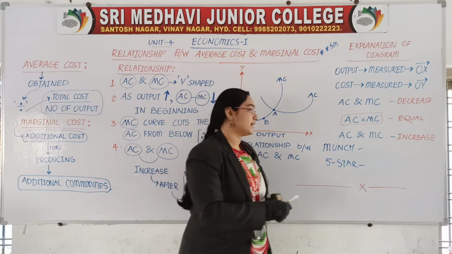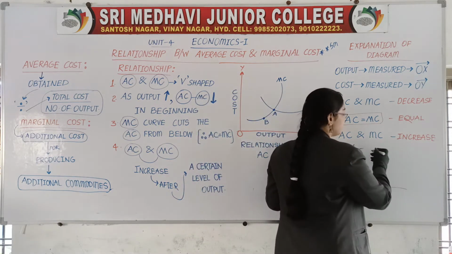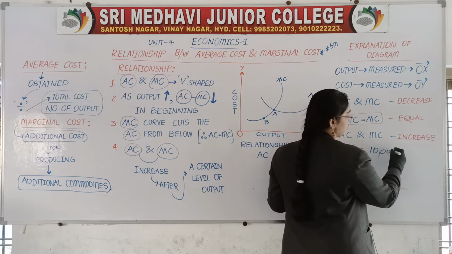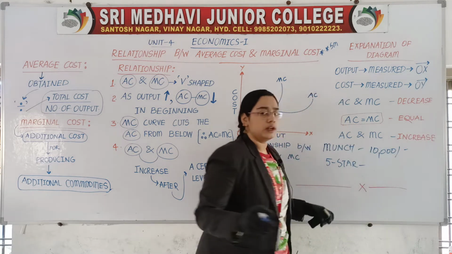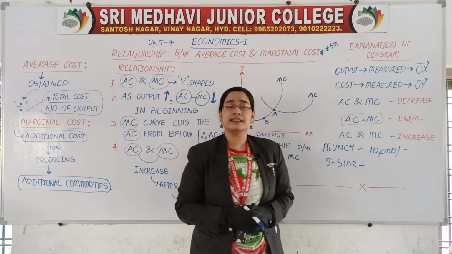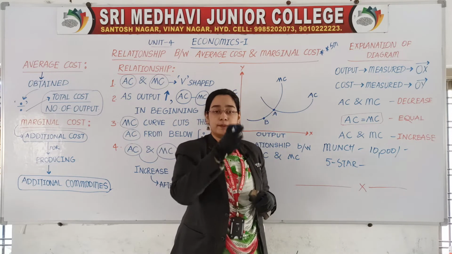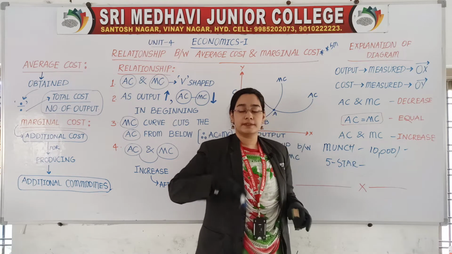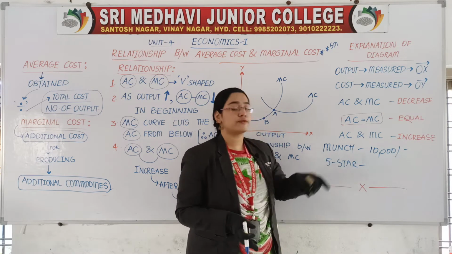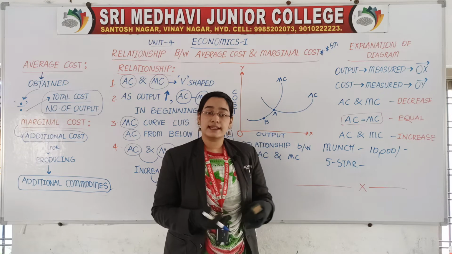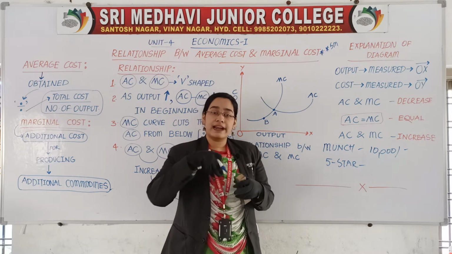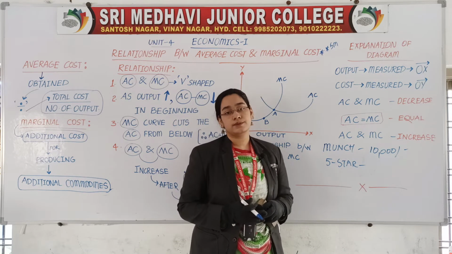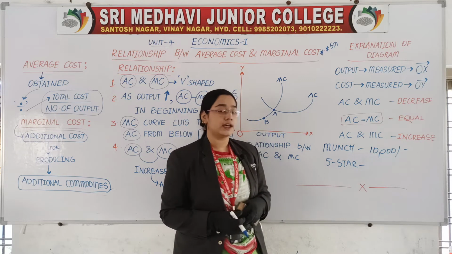Previously for Munch, my cost was something like 10,000 rupees. All the expenses for the process of production of Munch was 10,000. Now, as I said, I have added one more item to my production, that is 5 star.